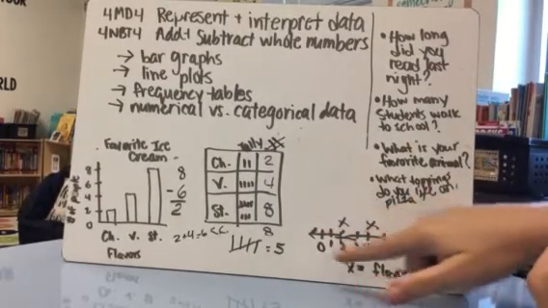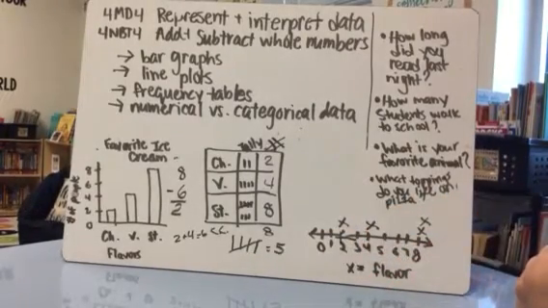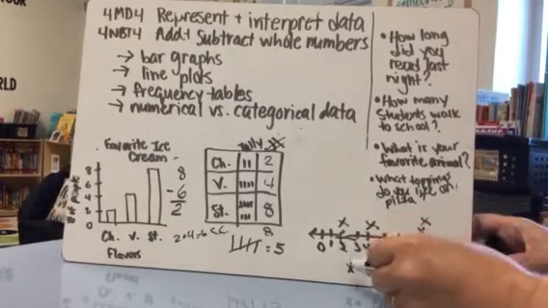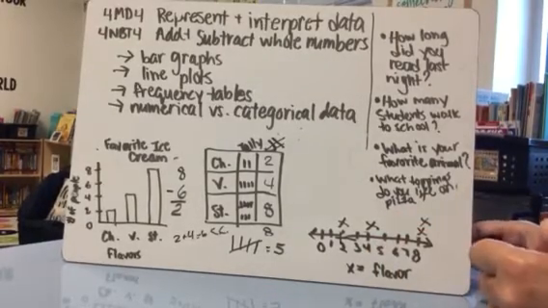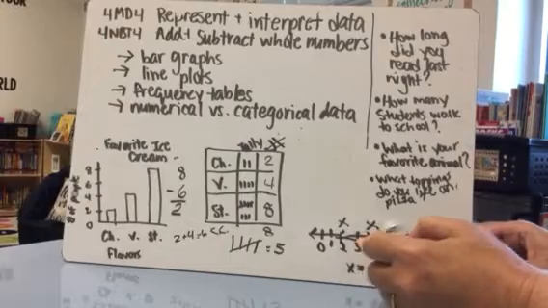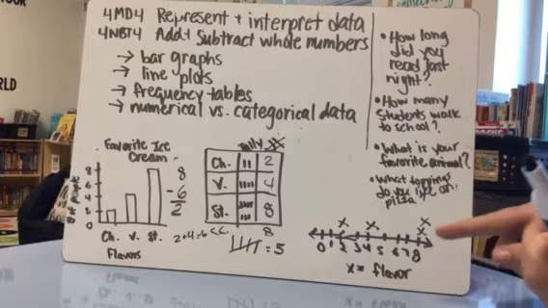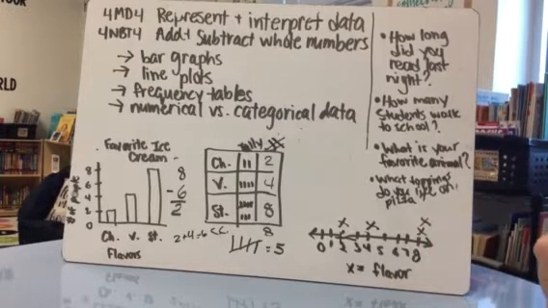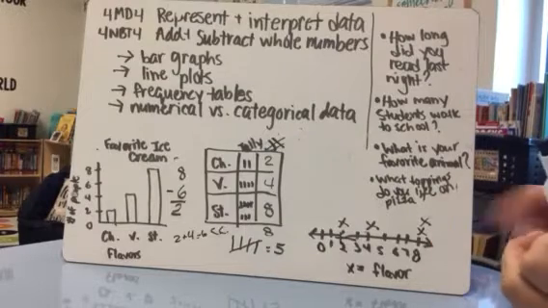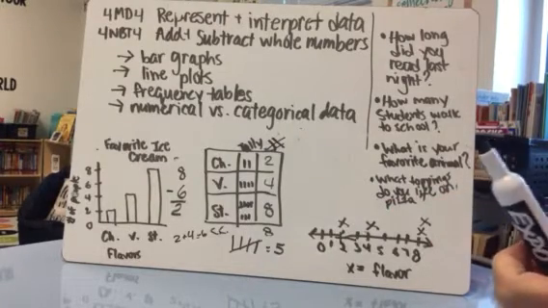Another type of question looking at the line plot that students might get is, how many flavors of ice cream were in the survey? Well, if you look here, X equals a flavor, so to find out how many flavors, you would count your X's. 1, 2, 3, 4. Another question is, how many more votes did the most popular flavor get than the least popular flavor?